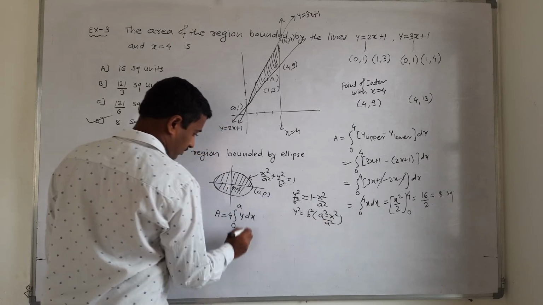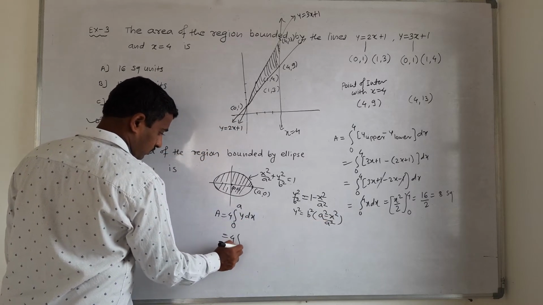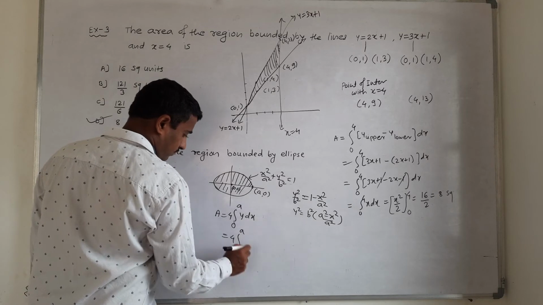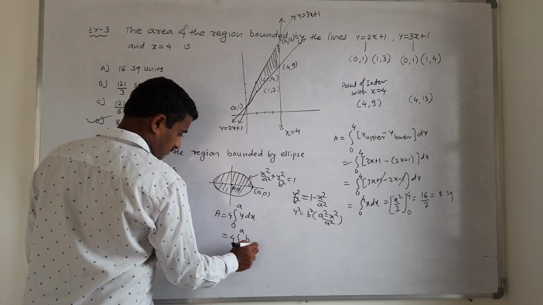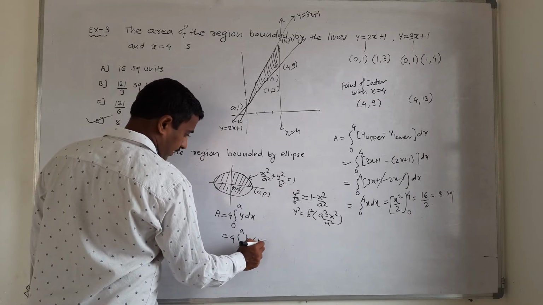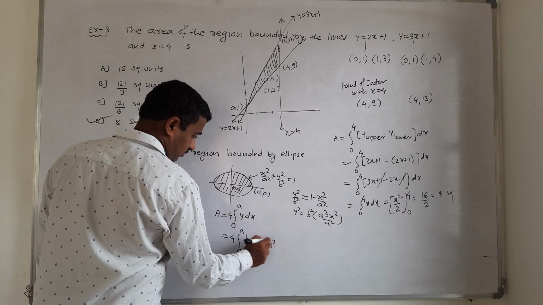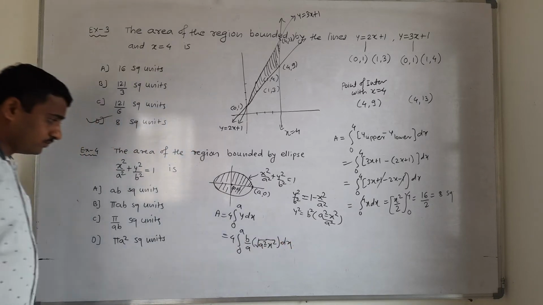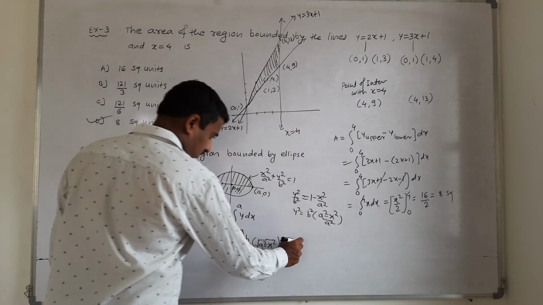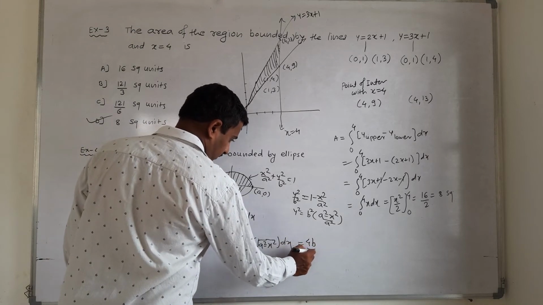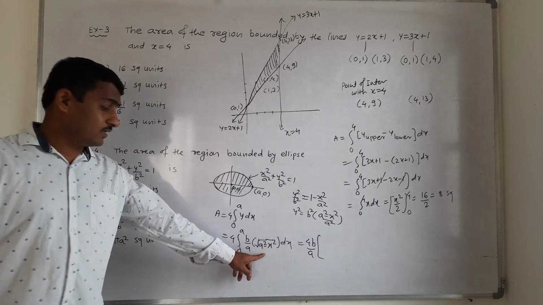Then y is equal to b by a times the square root of a square minus x square, taking the positive square root. Now the integration of this: 4b upon a outside, inside the square root of a square minus x square.